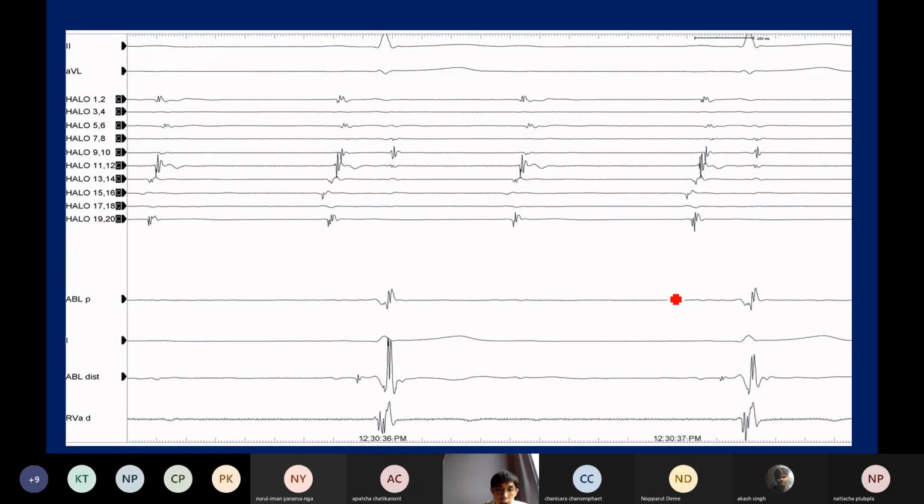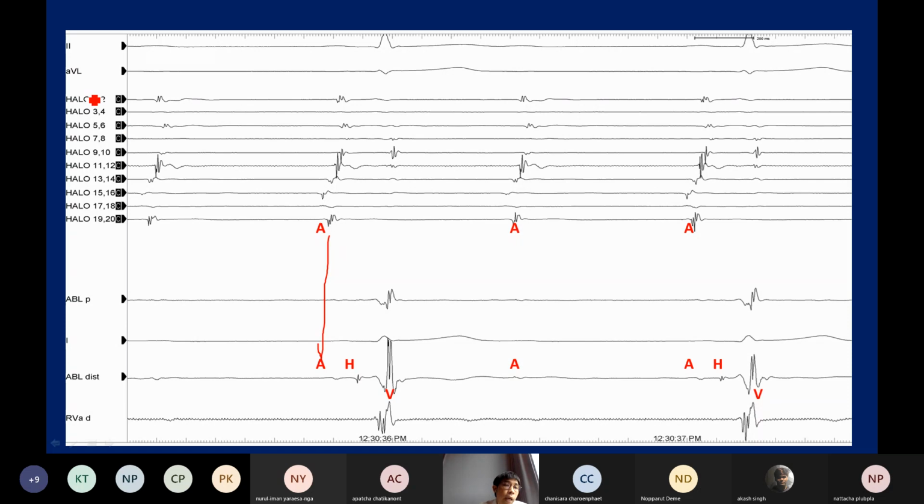Here is the intracardiac electrogram to measure the AH and HV intervals. This one you can see is A. This is A because this catheter is called the halo catheter.